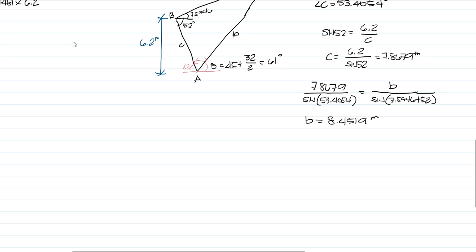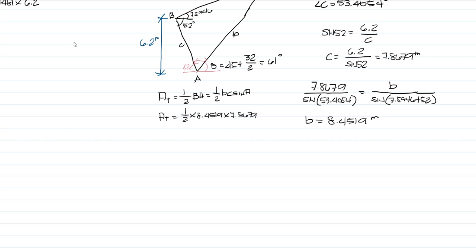So, that will be A sub T is equal to 1/2 base times height. And sabi nga natin, we can get that by 1/2 BC sine of A. So, substituting the values, we can have A sub T is equal to 1/2 times yung B natin, which is 8.4519, times yung C natin, which is 7.8679, then times the sine of A, which is the value 67.